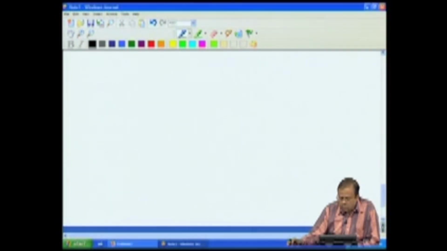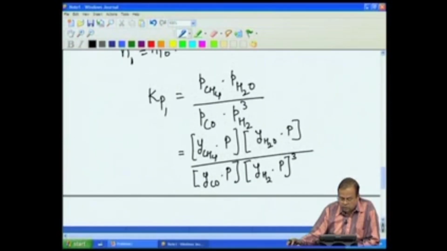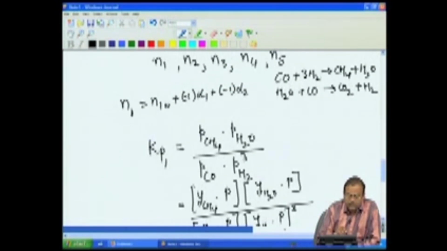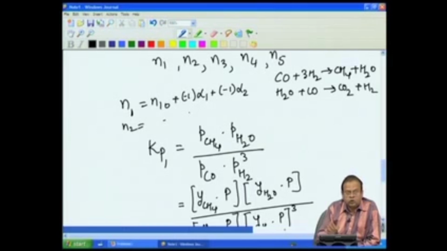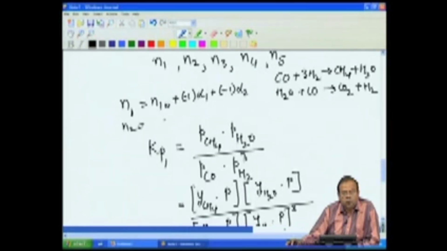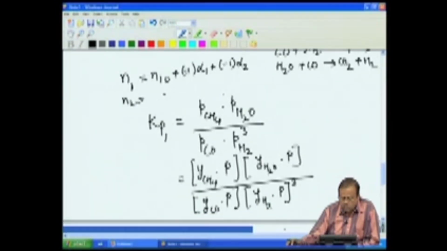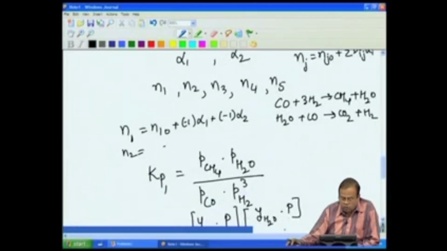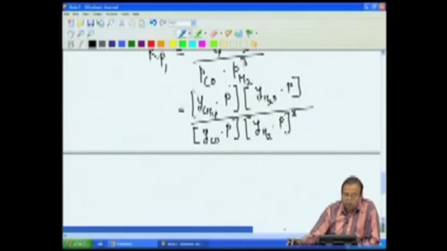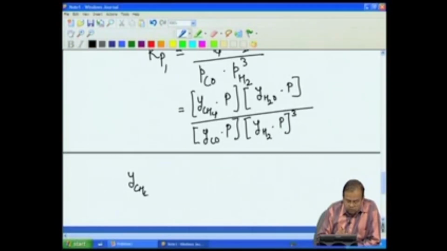So, what do we get? Now, where do we get mole fractions? We have already defined N1, N2, N3 and so on in terms of alpha 1 and alpha 2. We know Kp1 and Kp2 values. So, I can write the same thing for Kp2, but what will be, for example, the mole fraction of CH4?